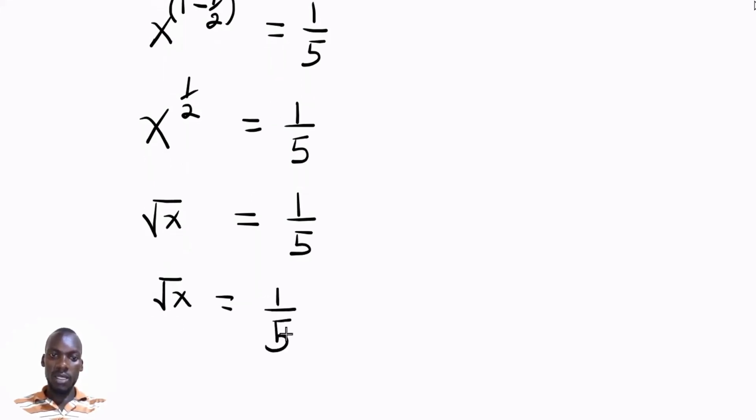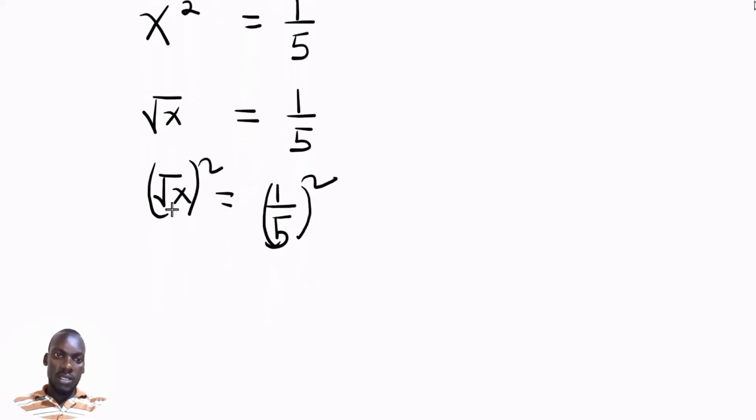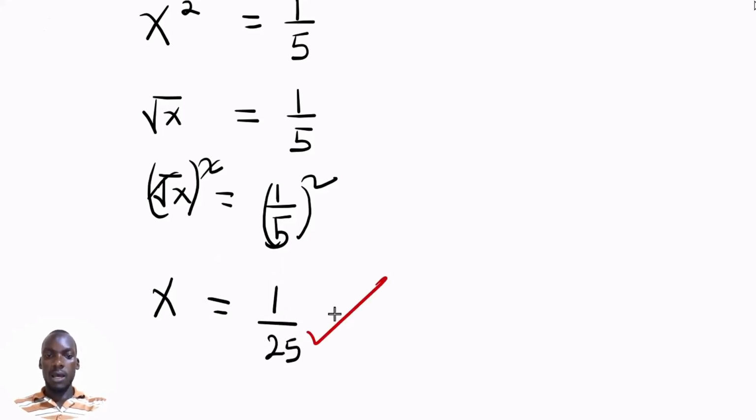The square root and the power 2 cancel, remaining with x equal to 1 squared, which is 1, then 5 squared is 25. So we also get x being 1 divided by 25, which is the same as 0.04 as for the first case.